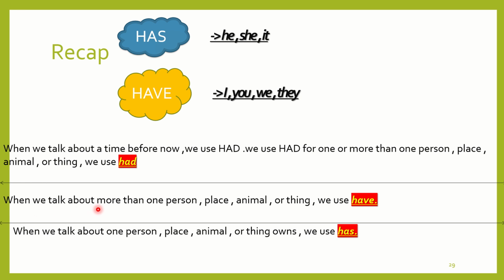When we talk about more than one person, place, animal or thing, we use have. When we talk about one person, place, animal or thing's own, we use has.